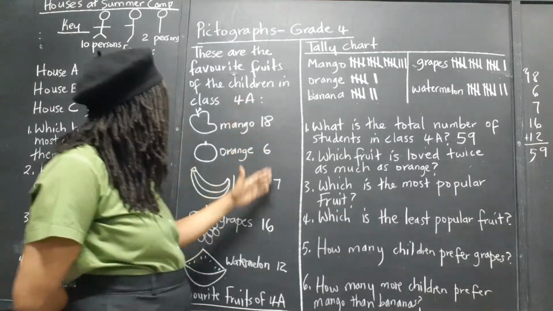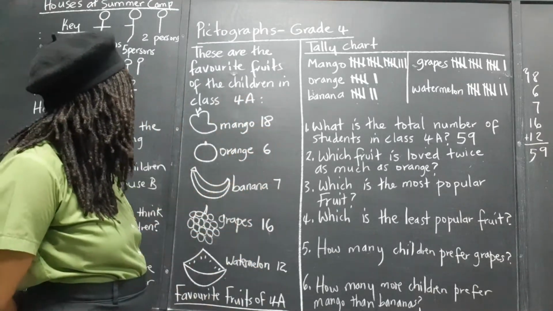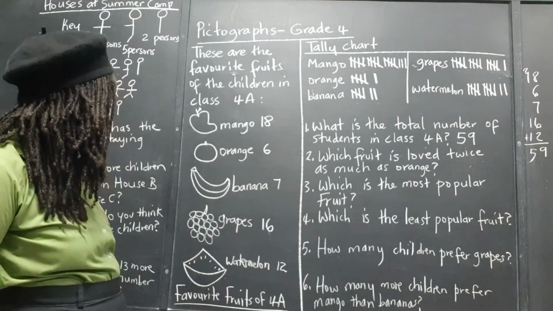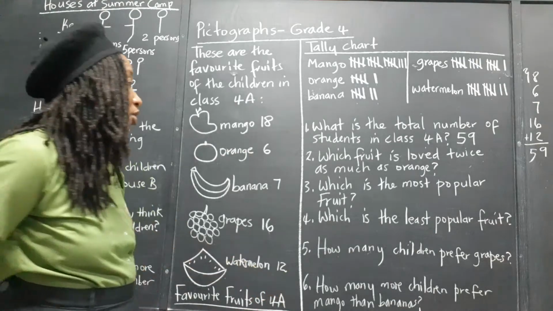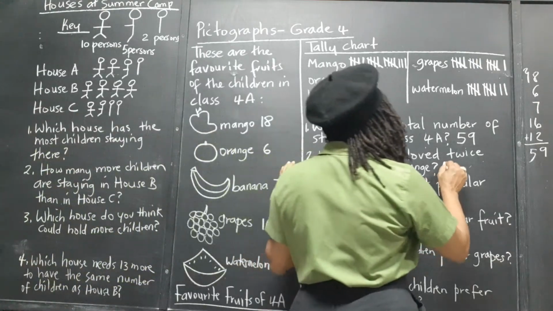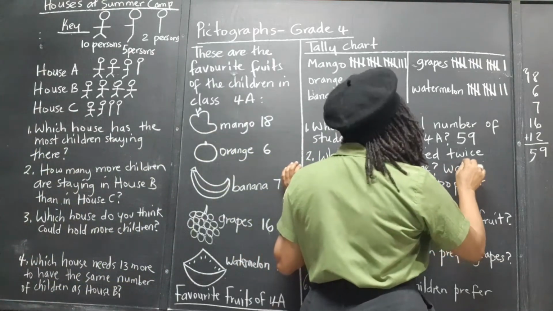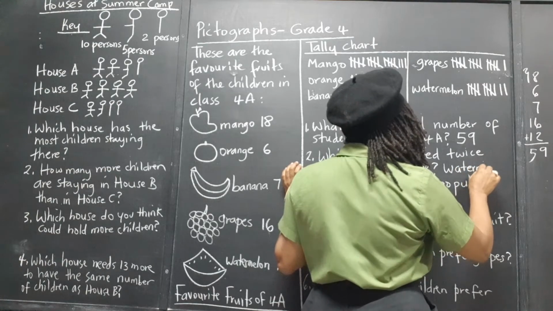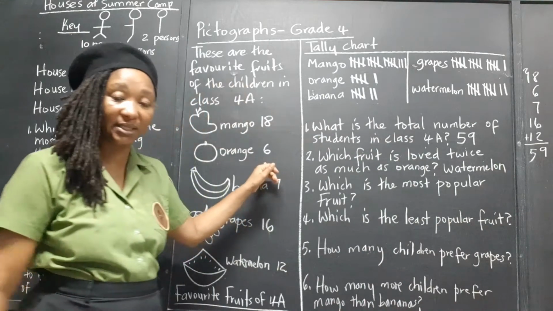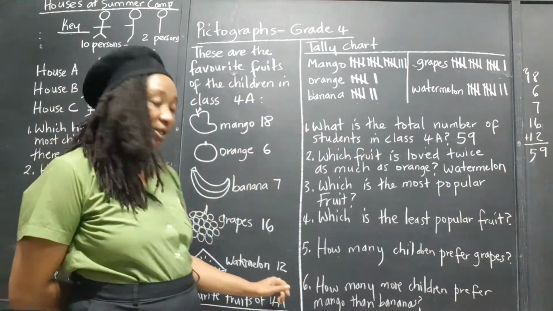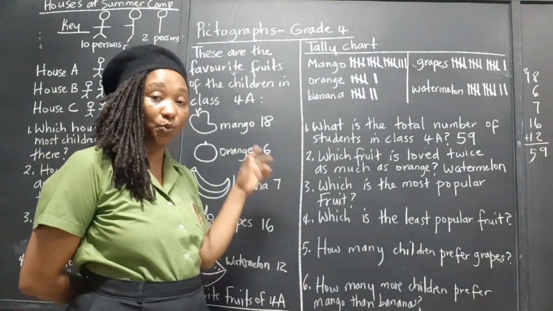So which one of these had 12 students saying it's their favorite? Watermelon. So watermelon was loved twice as much as orange, because orange was loved by 6 students. Watermelon was loved by 12 students. That's 2 times 6.